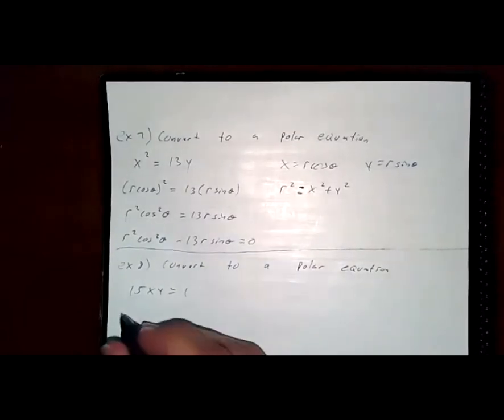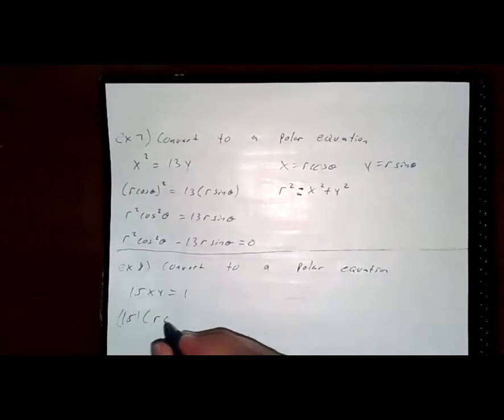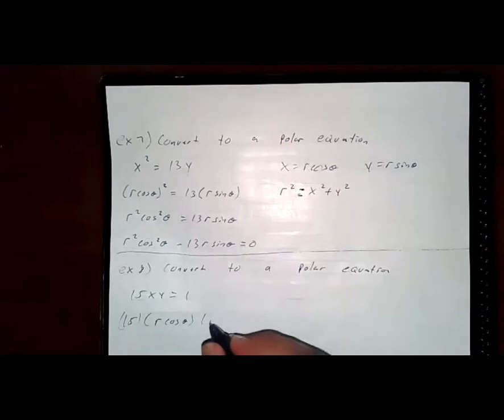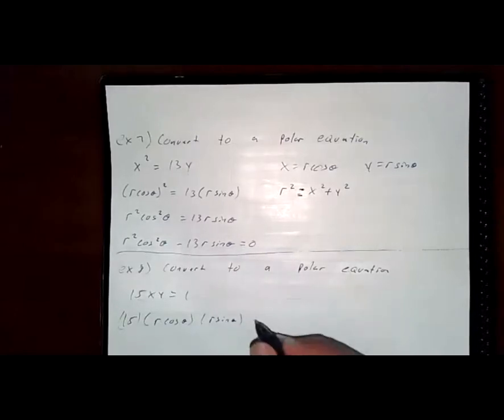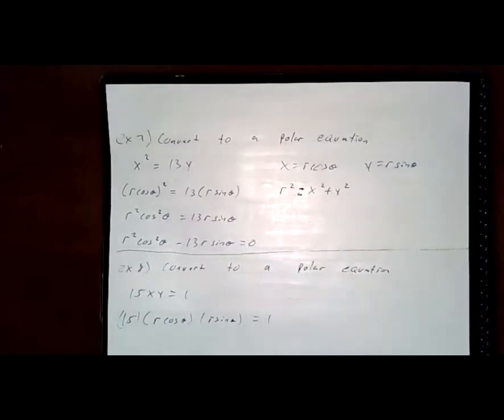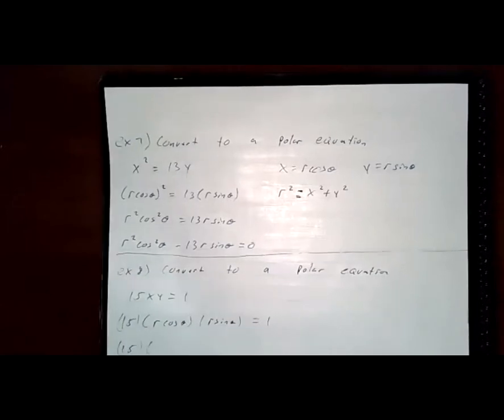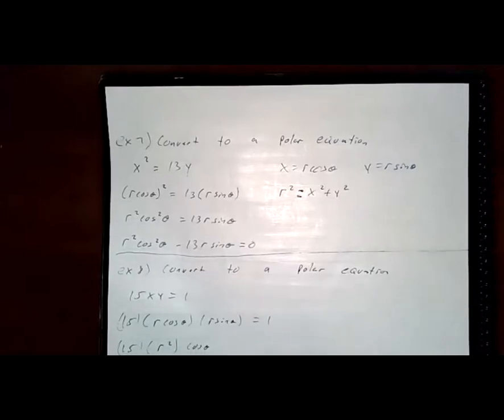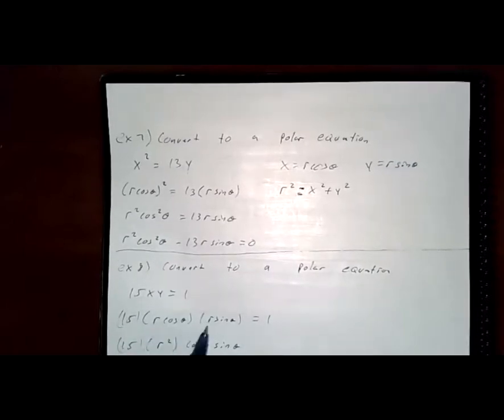But let's see what happens here. It looks like I might be able to use one. This would be r cosine theta for the x, r sine theta for the y, right? Multiply that together, and that gives us 15 r squared times cosine theta sine theta. I went ahead and multiplied these r's.